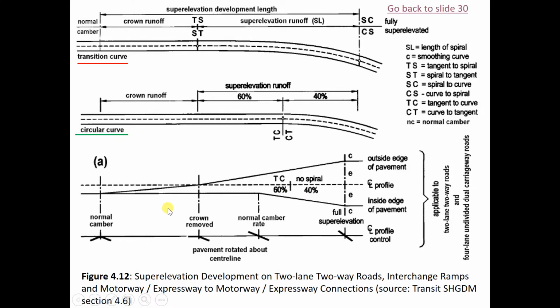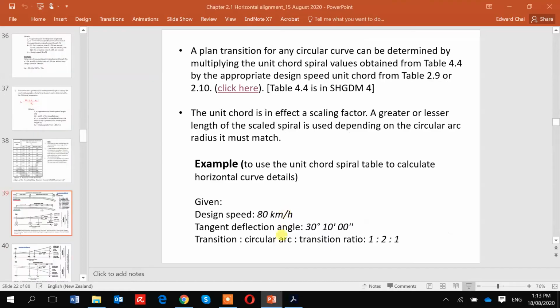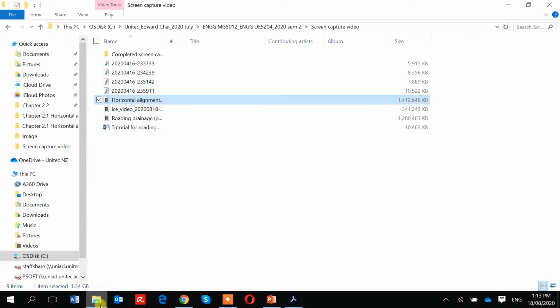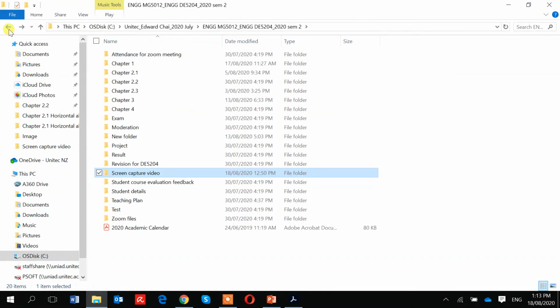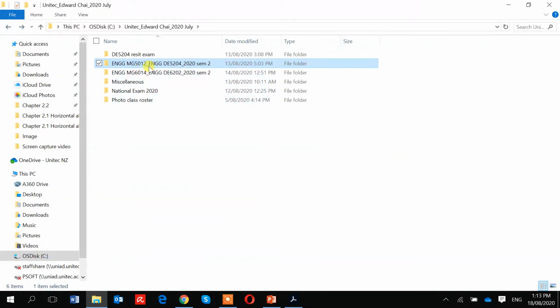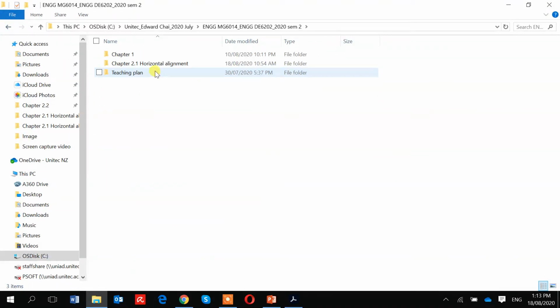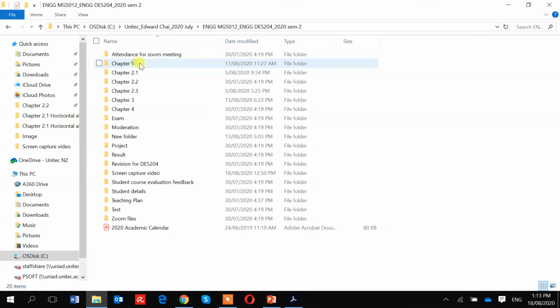At the bottom of this one, the long section. Okay, I think maybe I can show you that. I don't know whether I got that. Let me see. I think I don't have that.